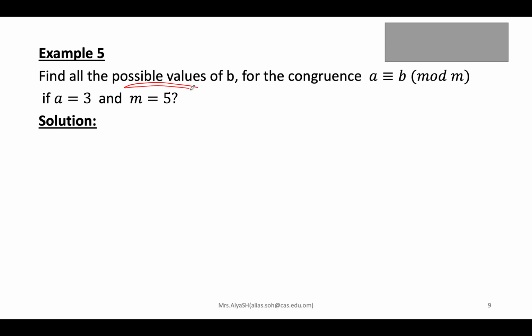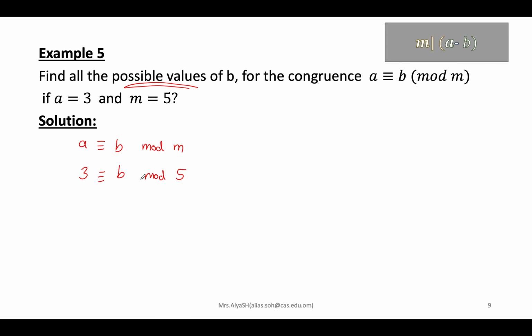So in order to solve this problem, we recall the second condition, where M can divide A minus B. Here A is congruent to B mod M. We have 3 as A, B is unknown, and M is 5.